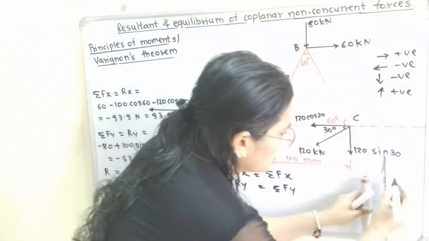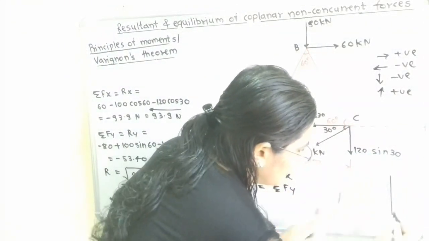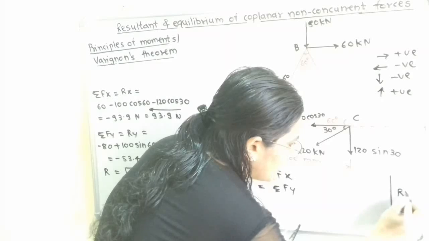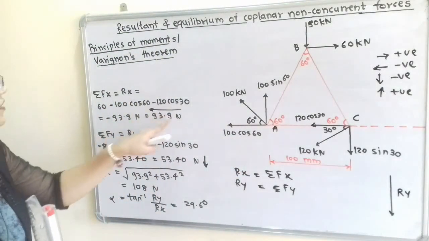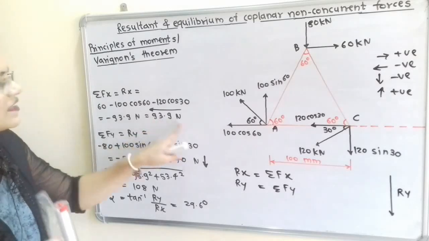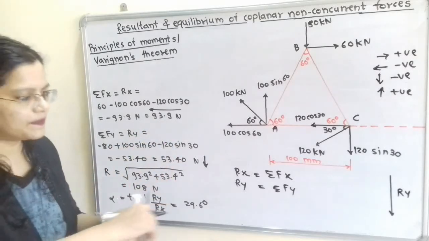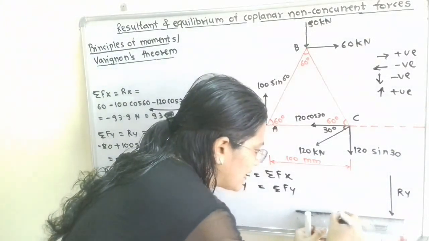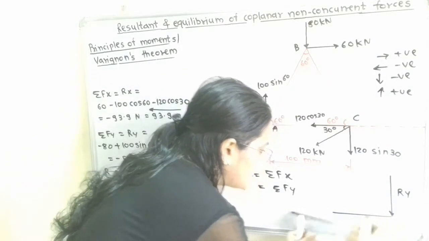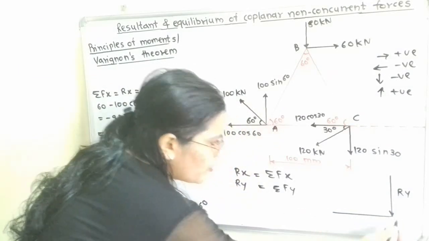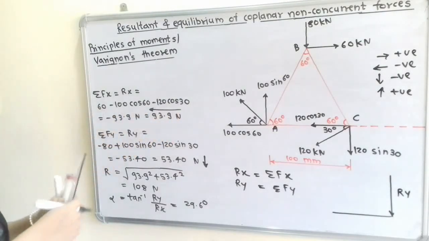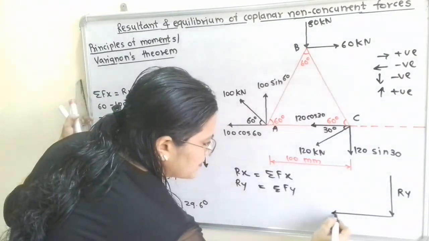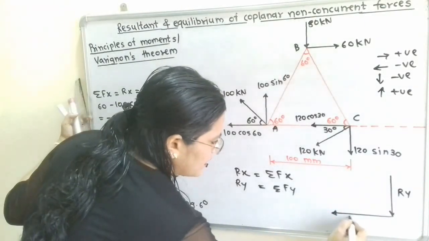I draw it in the downward direction. It is Ry and the magnitude is 53.4. Now the horizontal component is 93.9, which is greater than 53, so we draw a slightly longer line. This is Rx. At the end point of one force we show the start point of the other. The direction is towards the left hand side. This is known as Rx.